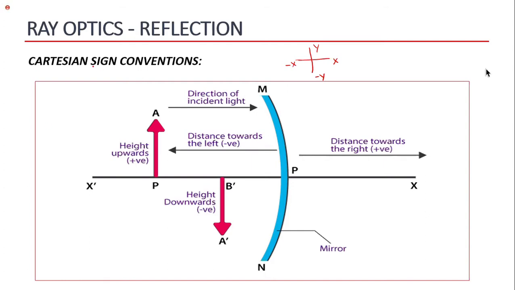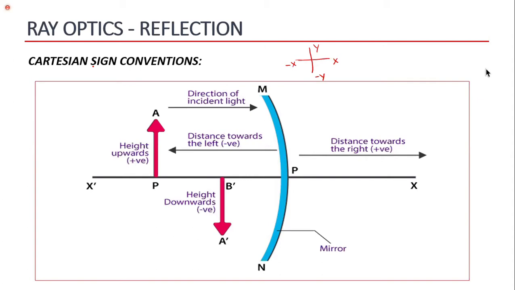So whenever you are trying to solve your numericals, you have to clearly mention the sign convention. Clear? You have to very clearly mention the sign convention. You have to say, I am adopting Cartesian sign convention.